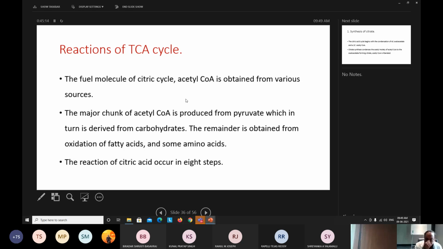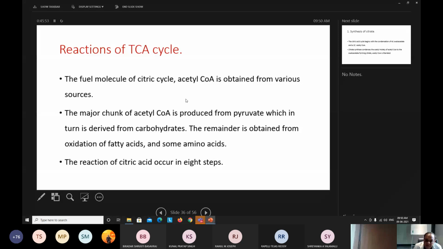You all know that pyruvate will be formed from glucose, and then pyruvate is converted into acetyl CoA, and further the other amount of acetyl CoA is obtained from other things like the fatty acids and some amino acids. As I told, it acts as a hub, wherein the end products of other metabolism also get involved in this Krebs cycle.